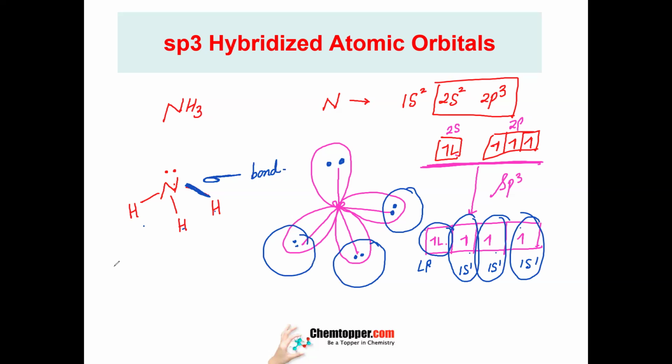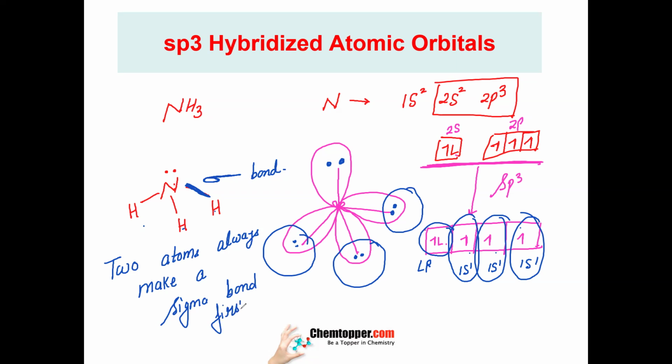So remember, two atoms always make a sigma bond first.